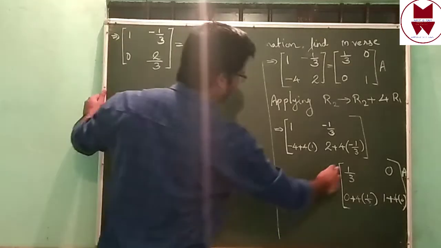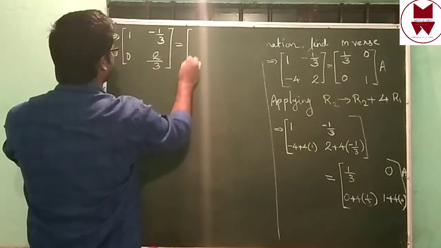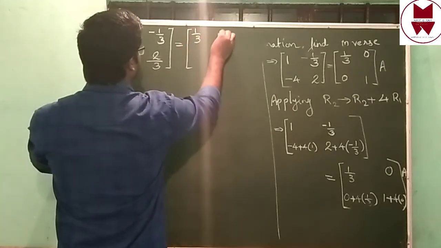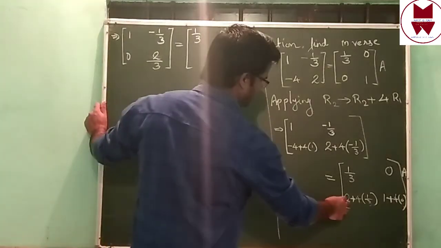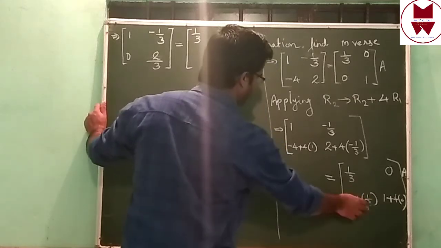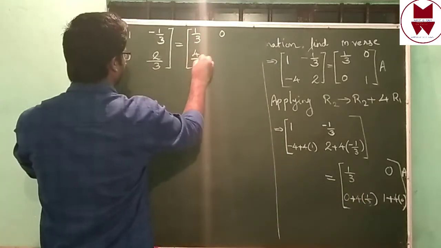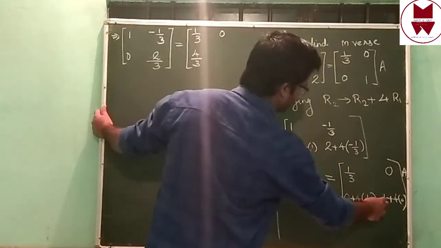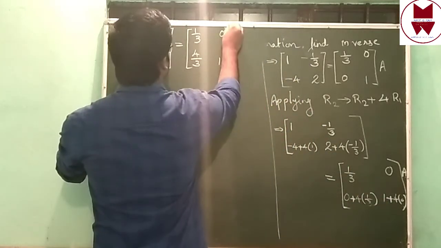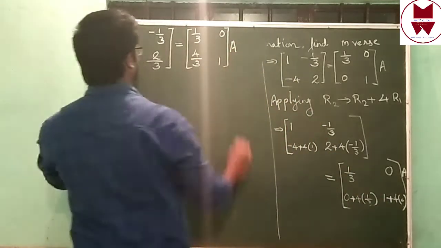So 2 by 3. Equal to 1 by 3, 0. Then 0 no need to write, 4 into 1 by 3, you will get 4 by 3, and then here 1, into A.